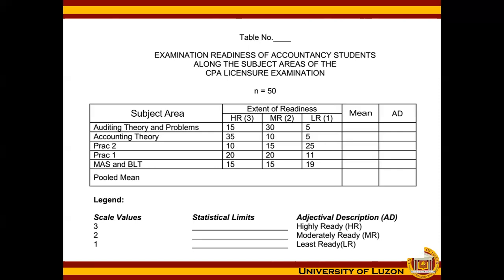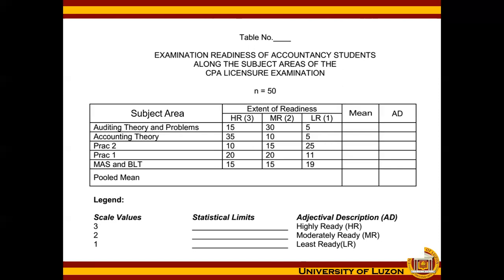So that is allowed, but not over 50, because it is statistically improbable that we have more than the number of respondents in the total responses of a single-response question.